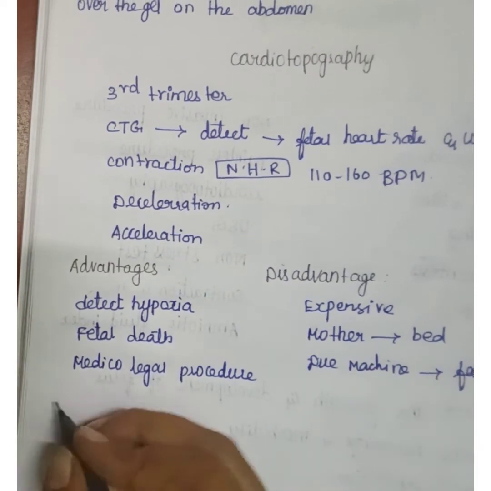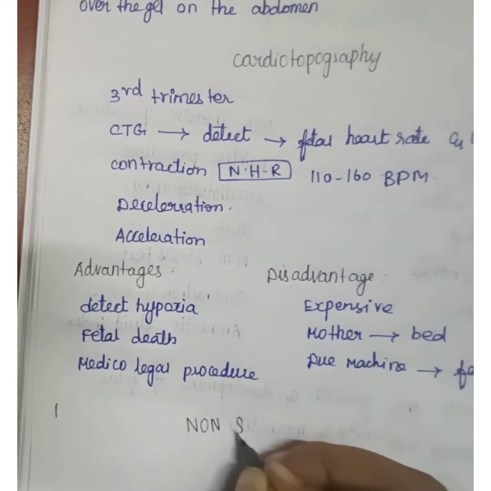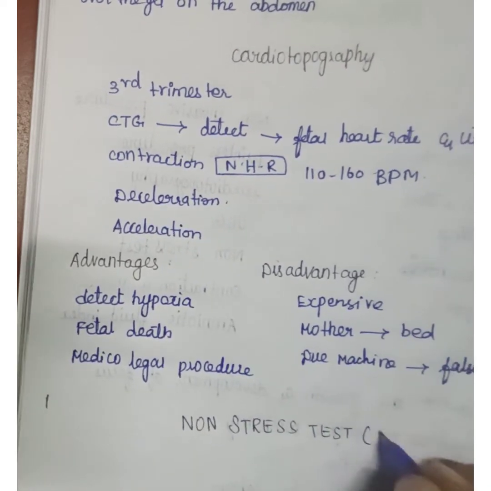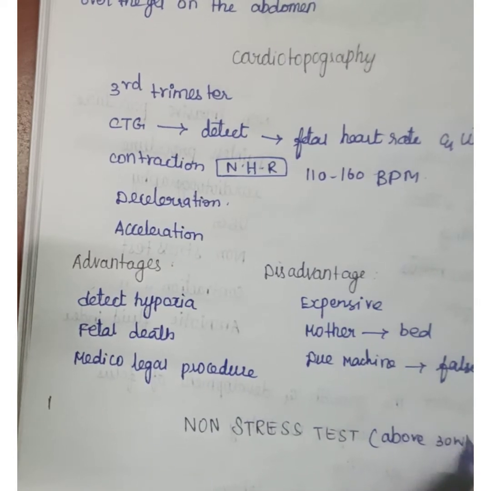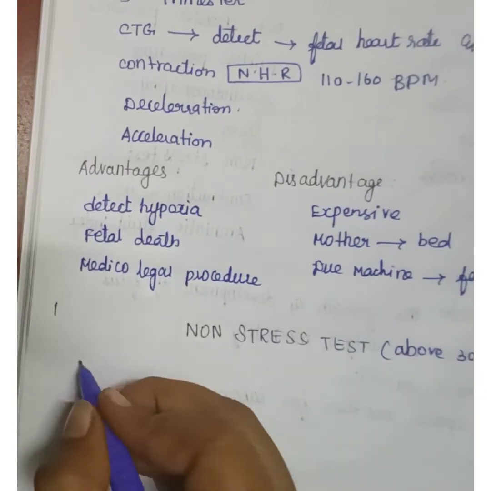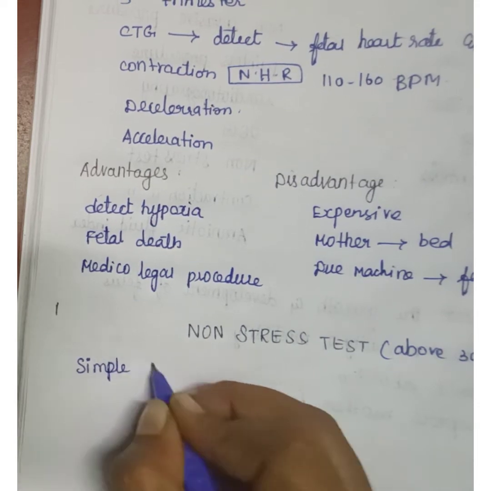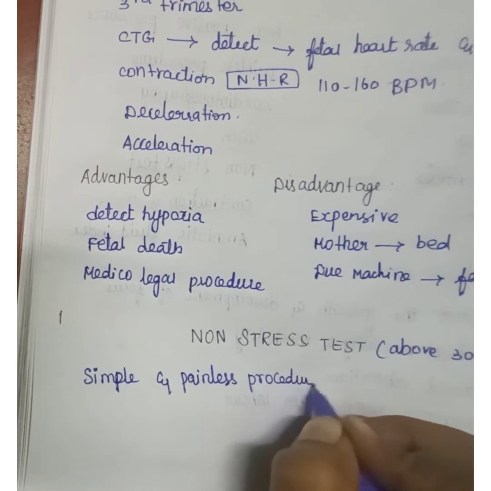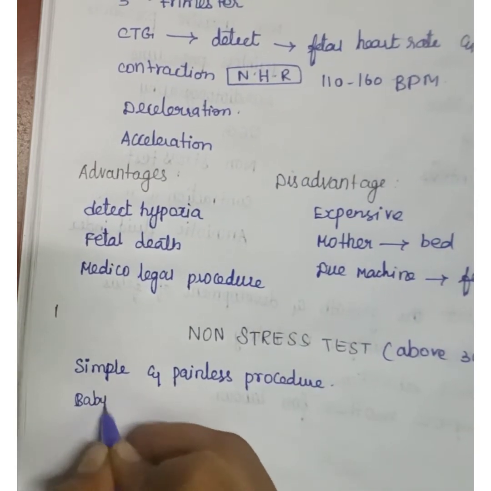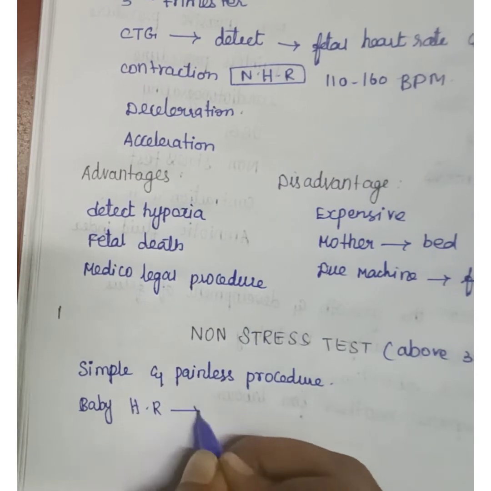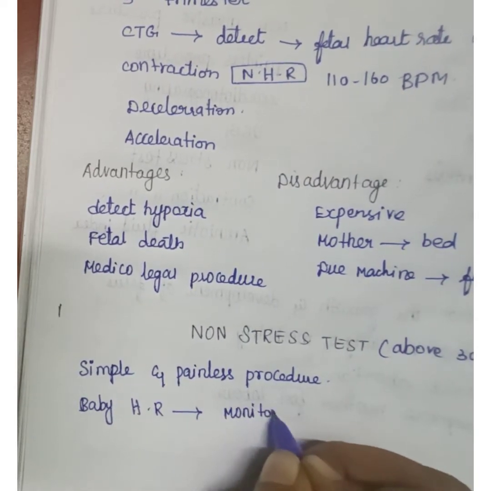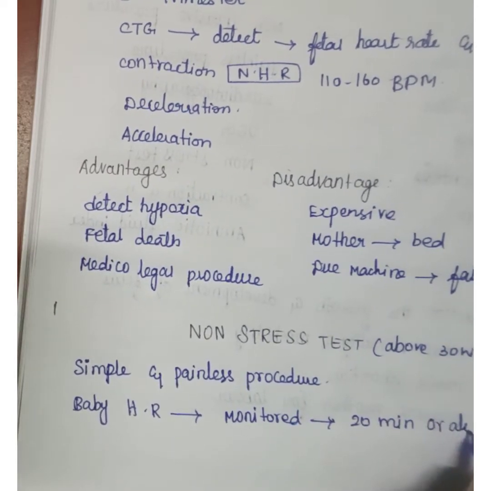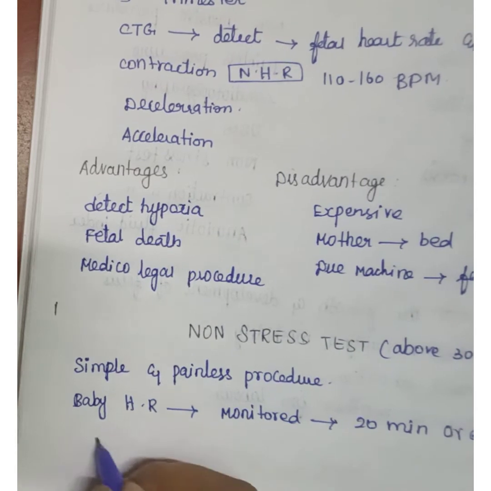Next one is non-stress test. It should be done above 30 weeks. It is a simple and painless procedure. Here the baby's heart rate is continuously monitored for 20 minutes or more, along with fetal movement.